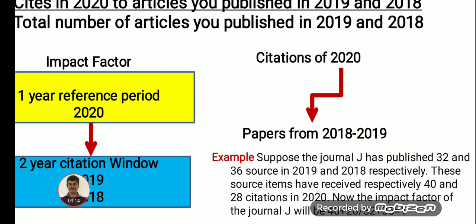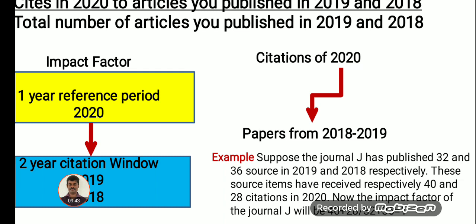suppose the journal has published 32 papers and 36 papers in 2018 and 2019 respectively, and these source items of the publications have received respectively 40 and 28 citations in 2020. So the impact factor of the particular journal will be as follows.